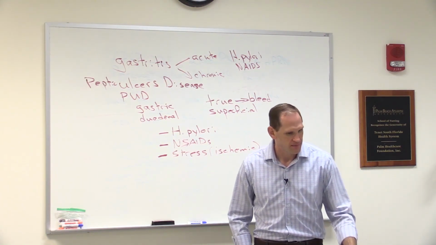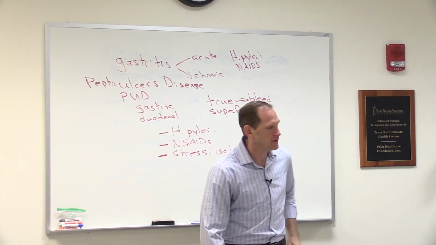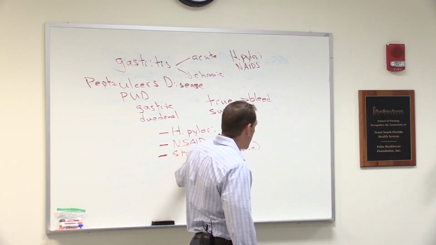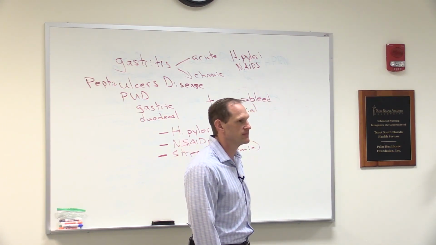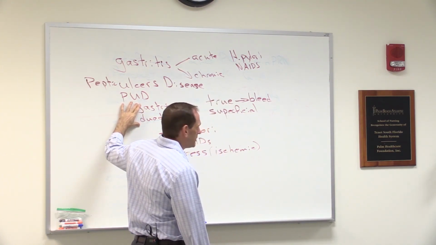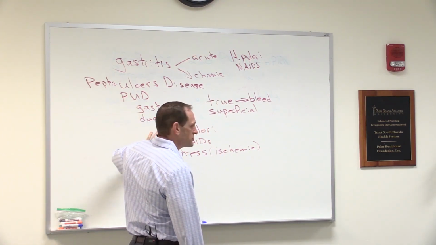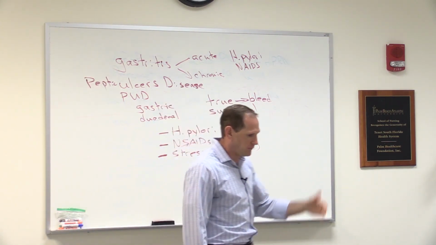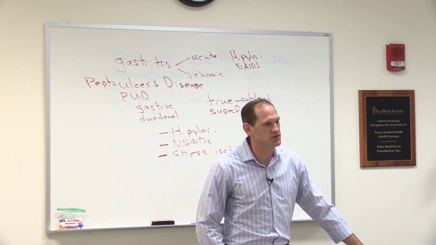So they're different than duodenal and gastric? Yes, these are causes of ulcers. Duodenal and gastric is location of ulcer. So location, cause. So what is the cause of stress ulcers?